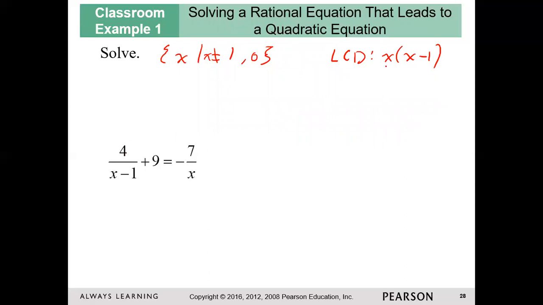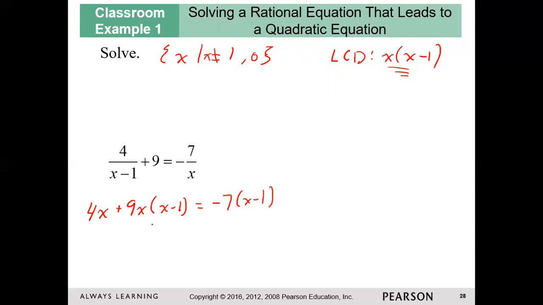So when I take this LCD and I multiply it into this equation, that's going to give me 4x, because the x does not cancel, but the x minus 1s do. That's going to give me plus 9x(x minus 1), and I'll simplify that a little bit later on, is equal to, this time the x cancels, but the x minus 1 does not, so that's going to be -7(x minus 1).